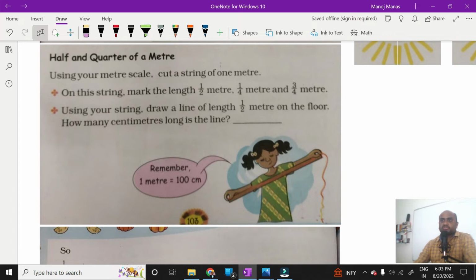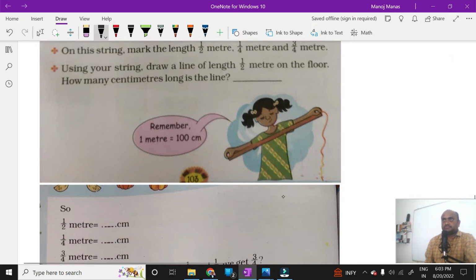And he is telling that, remember, 1 meter is equal to 100 centimeters. We already know about this from the previous units. Half meter is nothing but 50 centimeters.